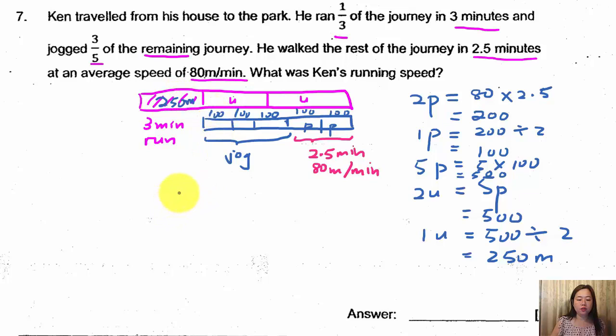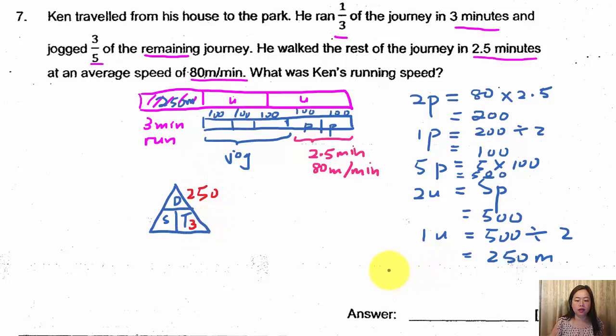So if we use the distance, speed, time triangle, to find speed, we need to have the distance, which is 250, and divide it by the time, which is 3 minutes.